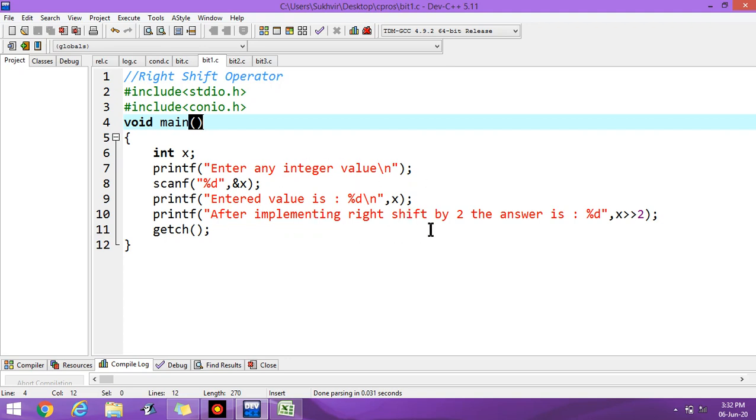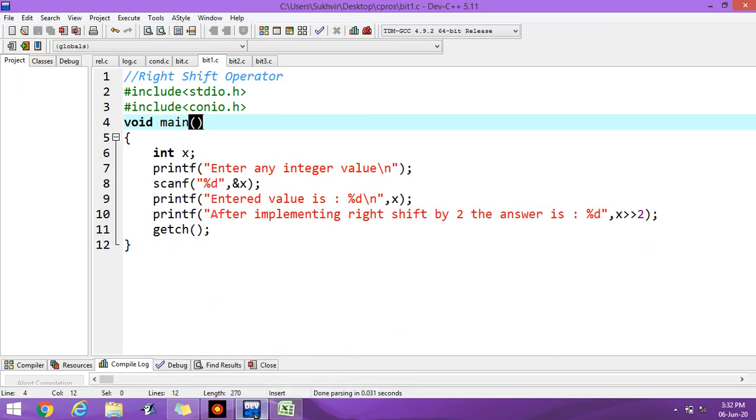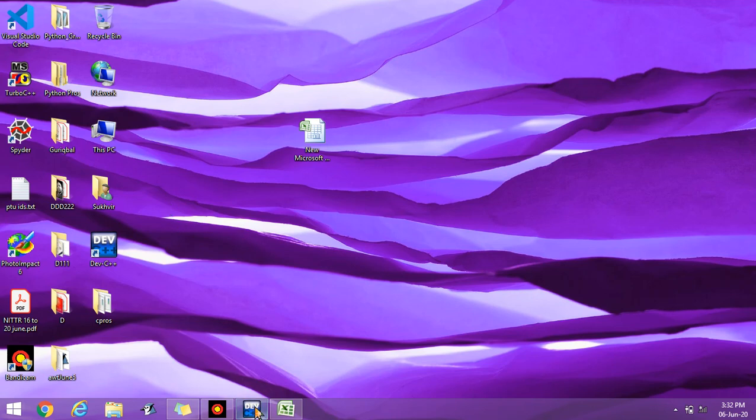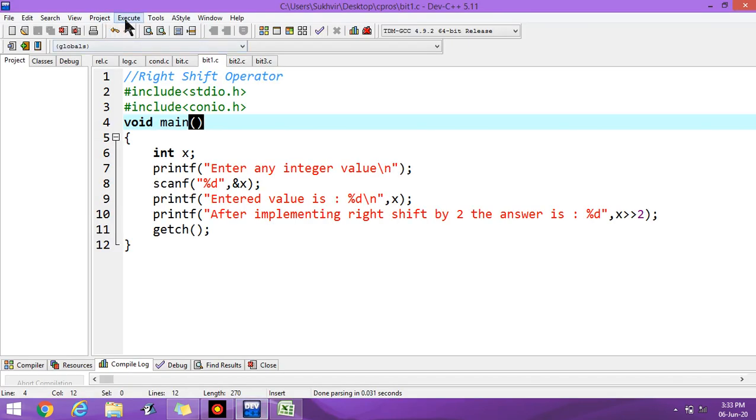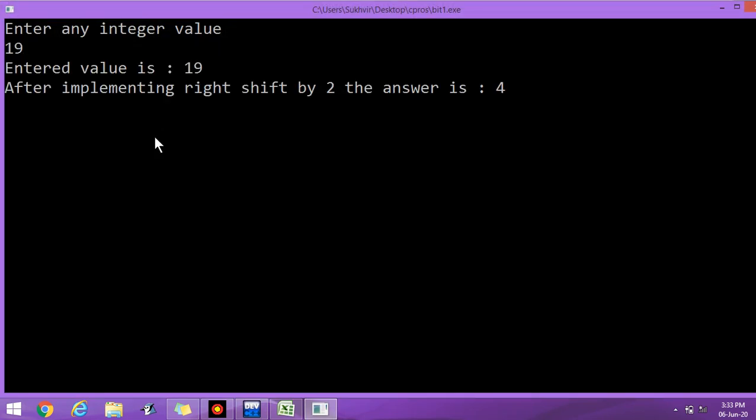After implementing right shift by 2, the answer is X right shift by 2. Let us execute the program. Now the number is 19 and the answer should be 4. Let us execute. Suppose I enter 19. After implementing right shift by 2, the answer is 4.